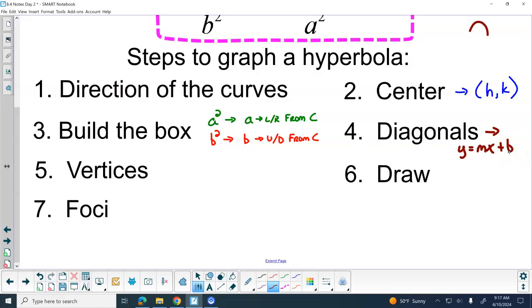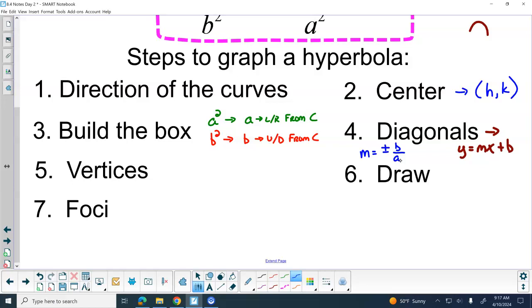Okay? Not just for one. You're going to come up with y equals mx plus b, remembering the fact that the slope of those lines is plus or minus b over a. We talked about that on Monday. That the slope of your asymptote will always be plus or minus b over a. And you have to come up with 2 equations for those 2 lines.